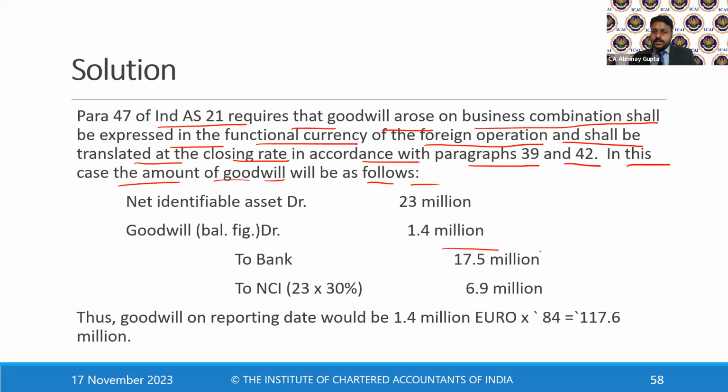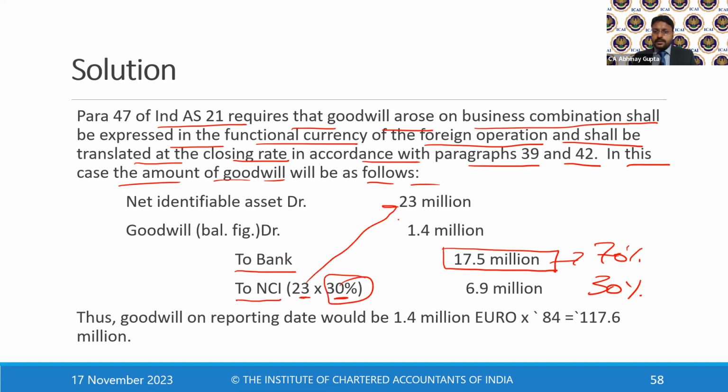So first of all, how much purchase consideration we are discharging is 17.5 million, right? What would be the NCI? 23 million net assets into my 30%, because purchase consideration is discharged for 70%. So for 30%, we will be recording the non-controlling interest, NCI, and that NCI will be 30% of net assets, right?